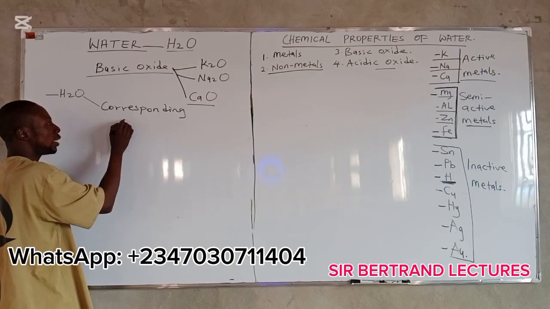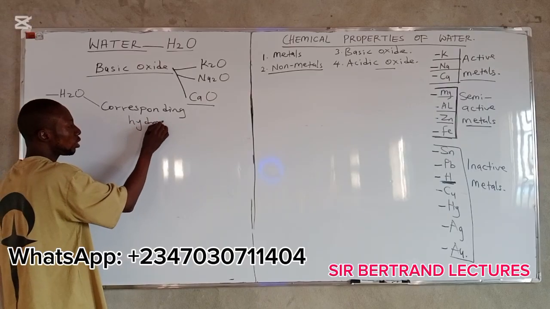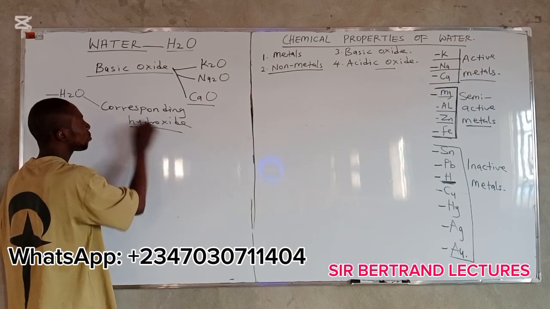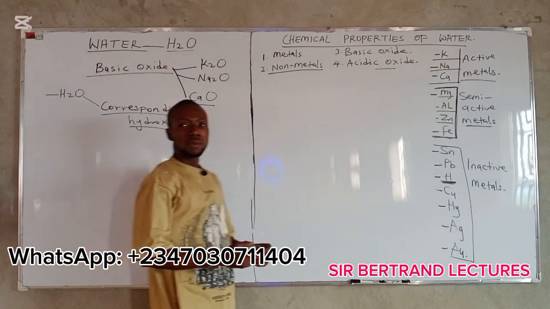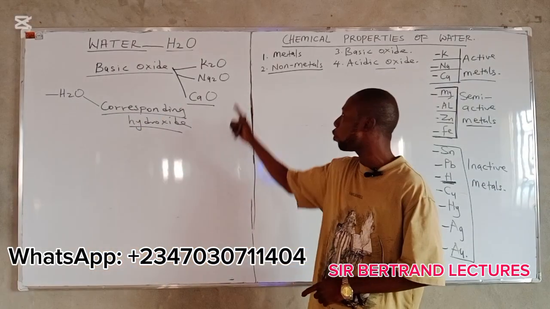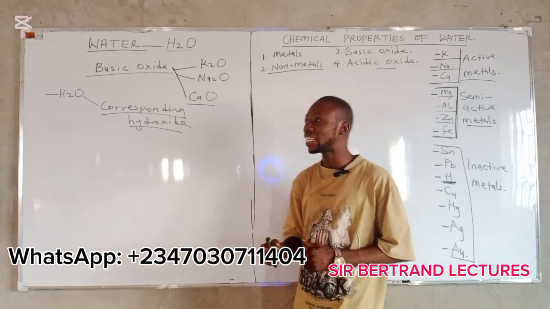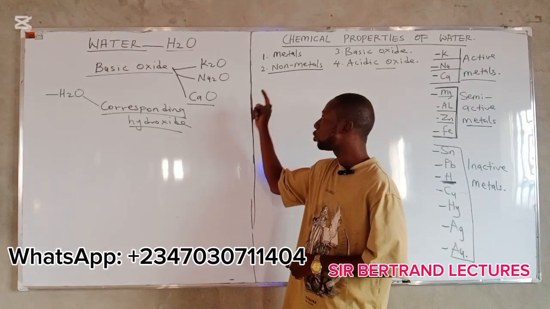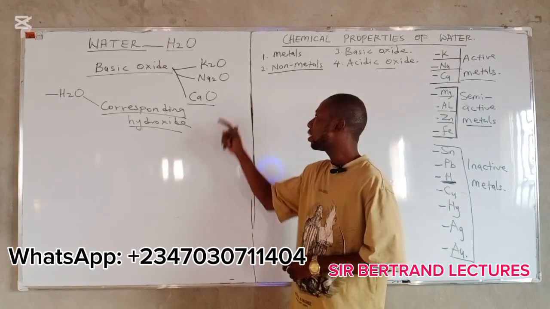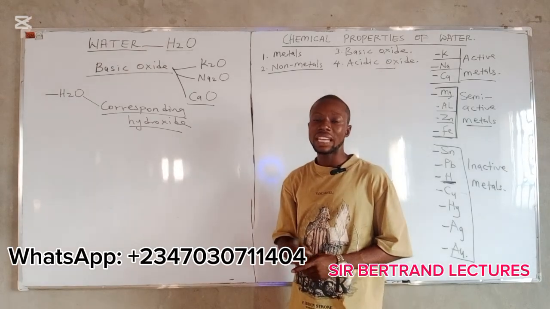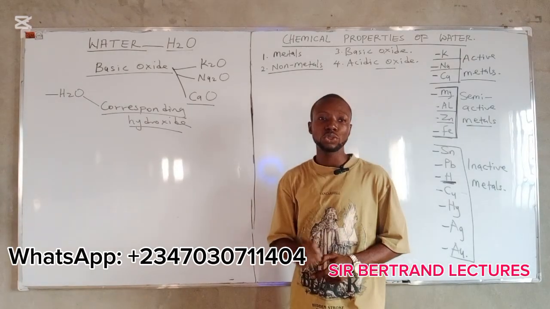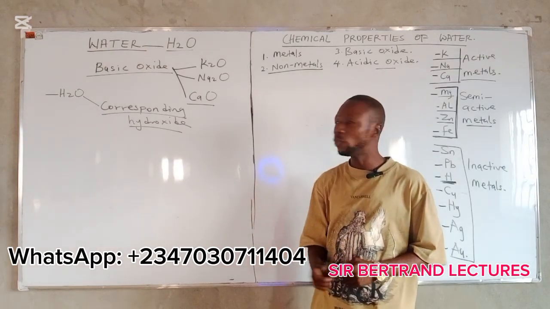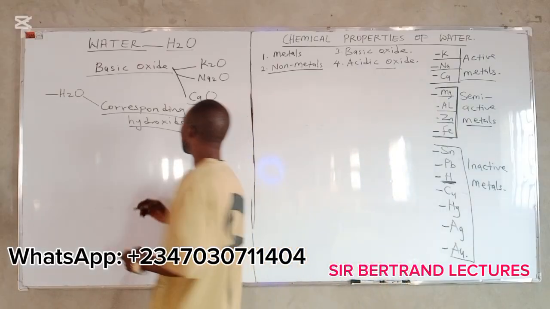If potassium oxide reacts with water, it's going to form potassium hydroxide. If sodium oxide reacts with water, it's going to produce sodium hydroxide. Then if calcium oxide reacts with water, it's going to produce calcium hydroxide, which is also known as slaked lime. All right? Now look here.